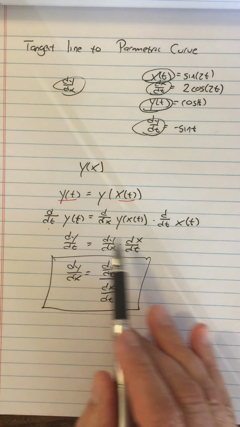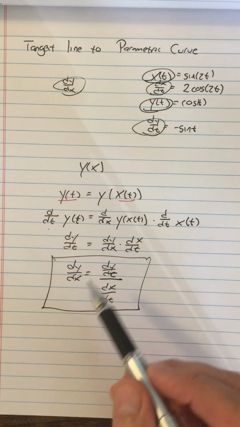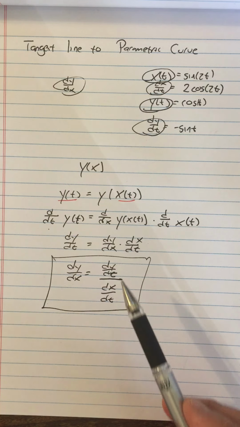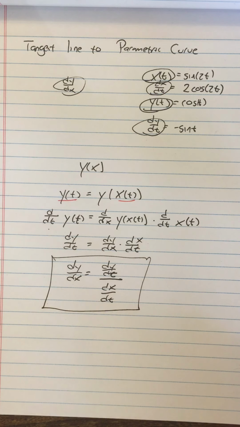The proof of the rule really comes from the chain rule. The chain rule also looks like you could cancel the dx's, but if you recall what the book said about that when we were looking at the chain rule, you cannot just cancel the dx's because they're not variables, they are differentials, so they're really shorthand for a limit process.